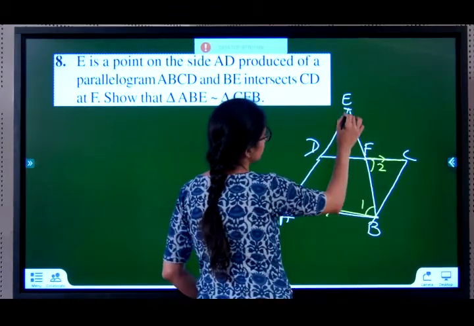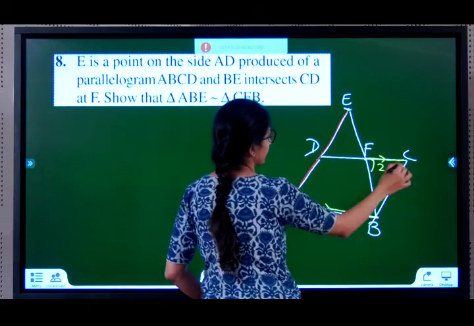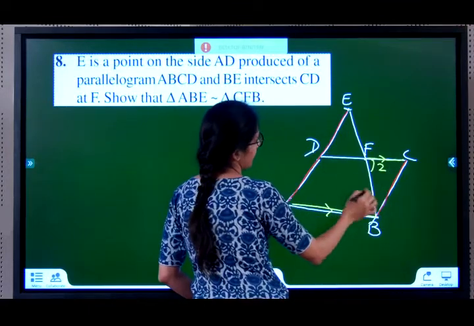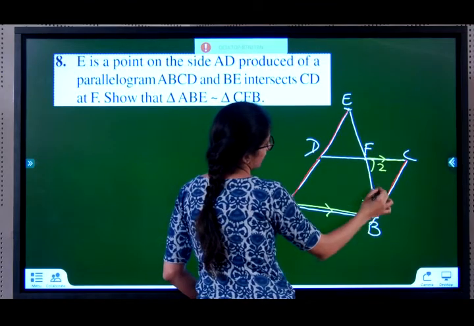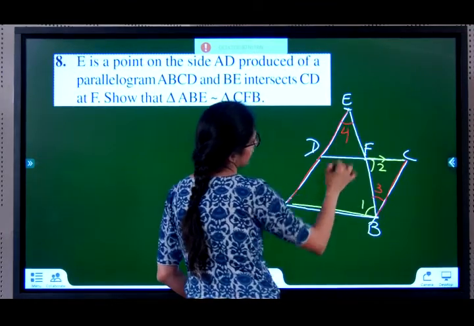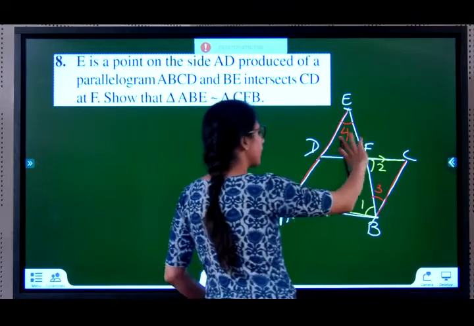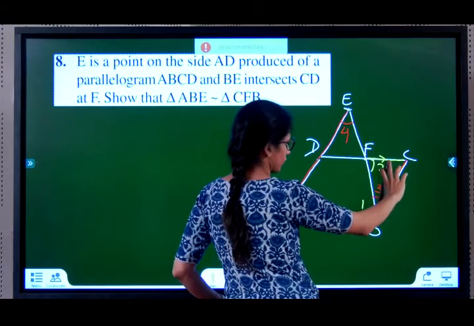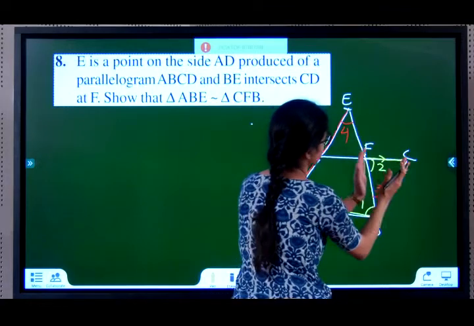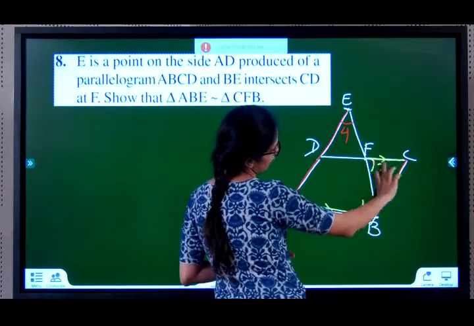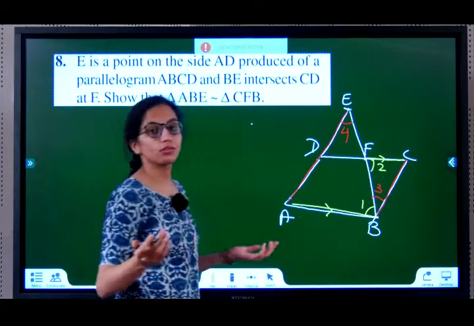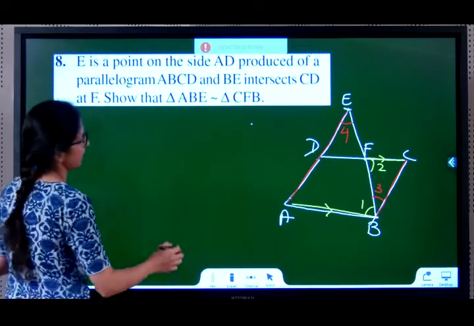Also, this side and this side are parallel, so this is the transversal. Can I say this angle is equal to this angle? Yes. Why? Alternate interior angles. So I have 2 angles from this triangle equal to 2 angles from this triangle. Hence the 2 triangles are similar, similarity criteria being AA.